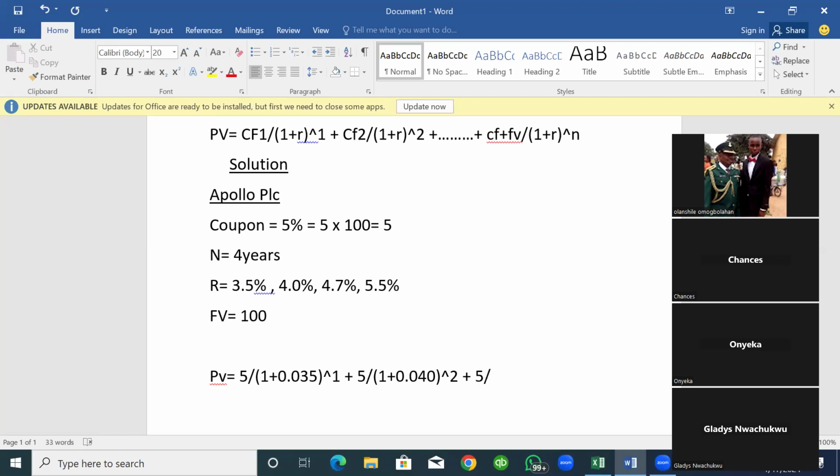Let me make this thing easy for myself. If you know SFM, you'll be happy, like you have some kind of joy within yourself. But you cannot just finish knowing it. 1.07 raised to power 3.